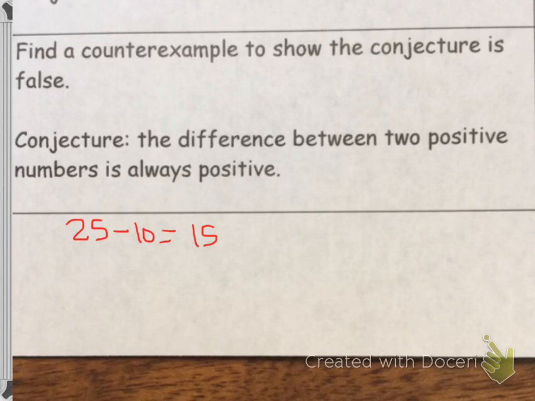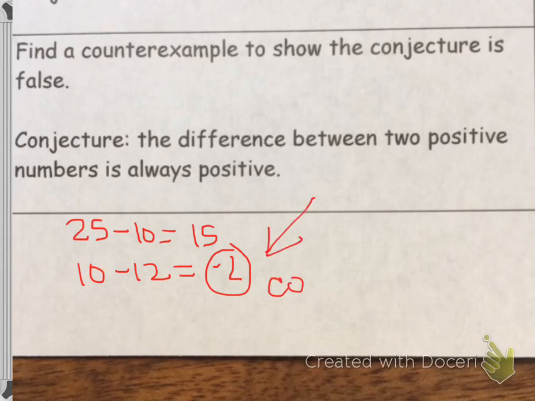What if I go 10 minus 12? Would that be positive for my answer? No, 10 minus 12 is actually negative 2, and negative 2 is a negative number. It's not positive. So this is how I could find a counterexample, an example that proves the statement false.